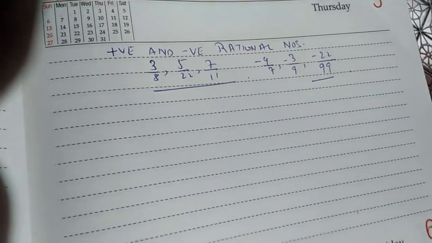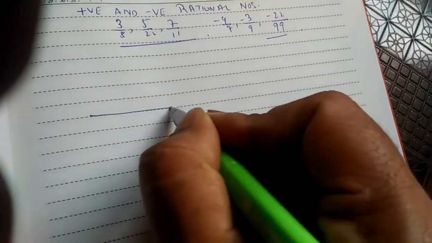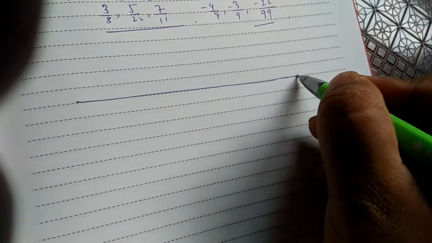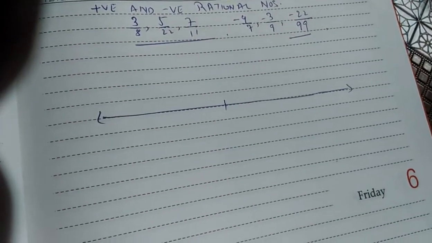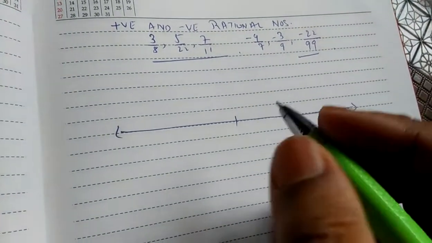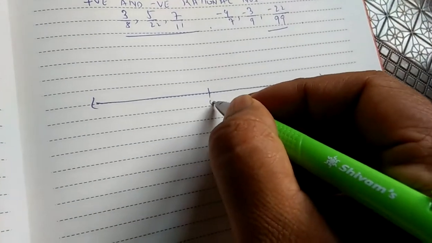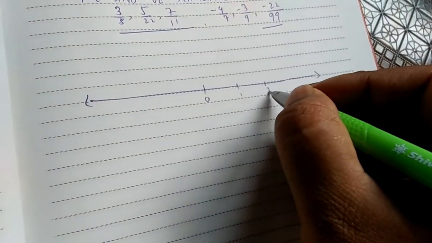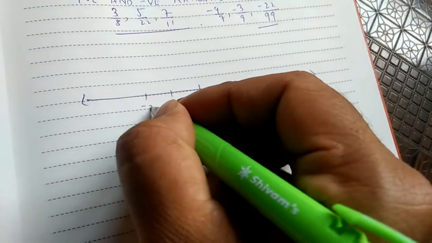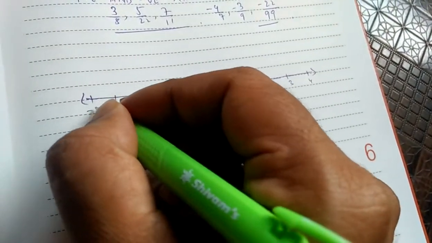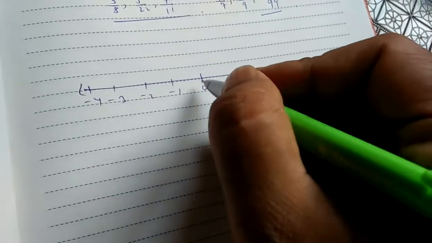So now let's understand how rational numbers are represented on a number line. So let's say this is 0, this is 1, this is 2, this is 3, this is 4, this is -1, -2, -3, -4. Let's say this has been divided into 3 equal parts.